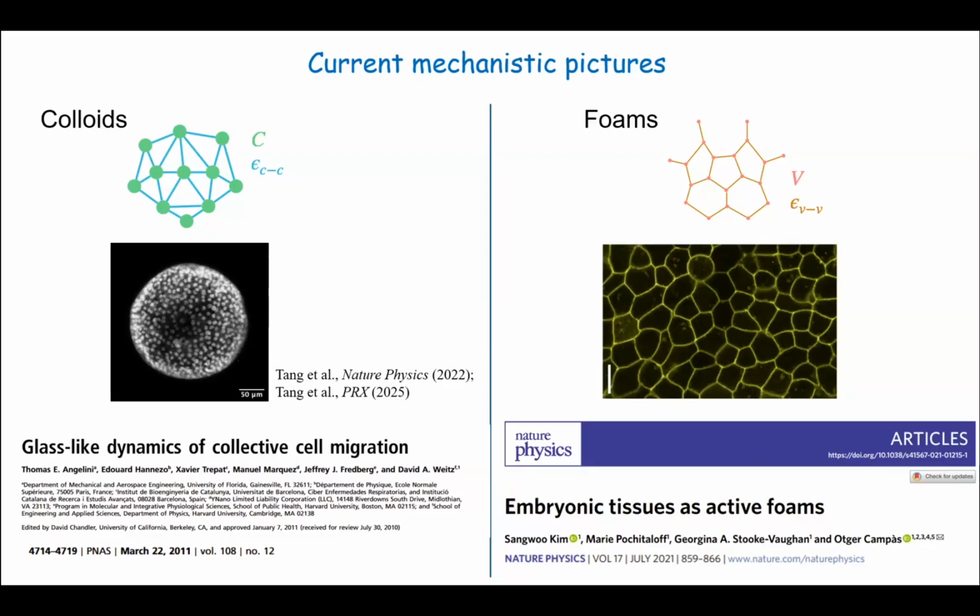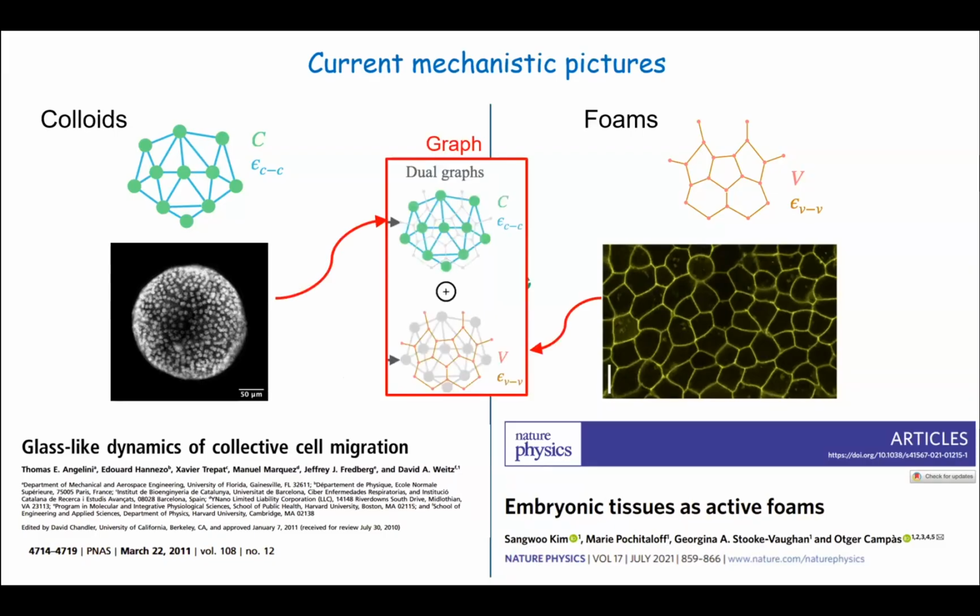And the other classic view is the foam view, that if you simply ignore the cell nucleus and only look at the cell edges, they very much look like a foam, right? And all of these are cell membranes. This view dates back more than 100 years, and there is some recent work here. And using a graph representation, we can actually combine both of these views.